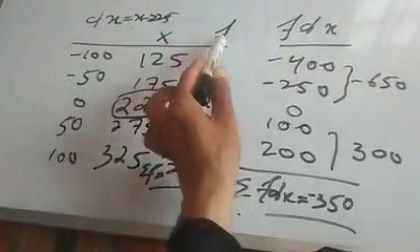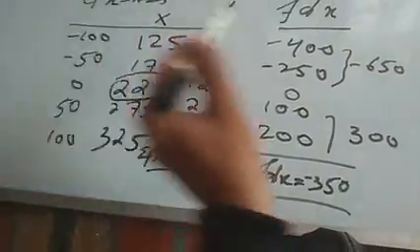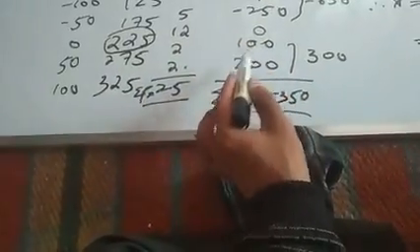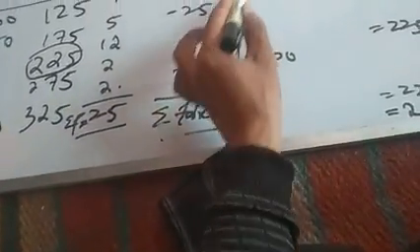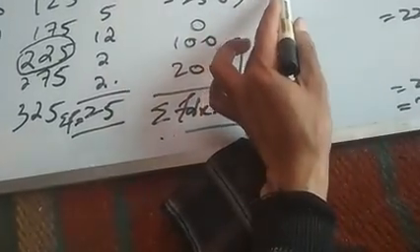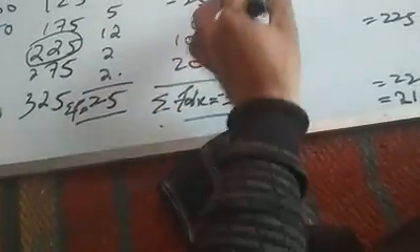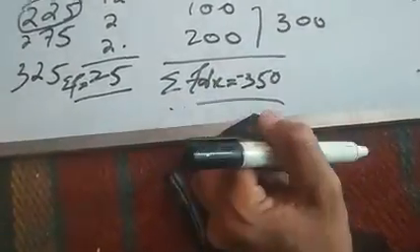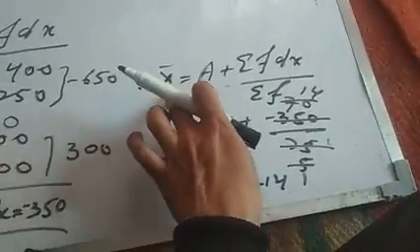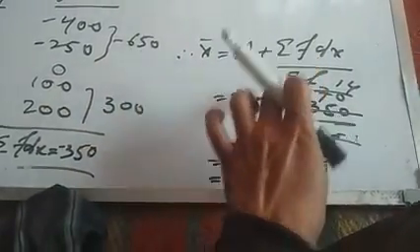Then after that I multiplied f with dx. I got 400 minus 200 minus 250, 0, 100, 200, and summing these negative and positive values separately, I got minus 650 and 300. Then adding these two, I got minus 350. Then the assumed mean formula is x bar equals a plus summation f dx divided by summation f.